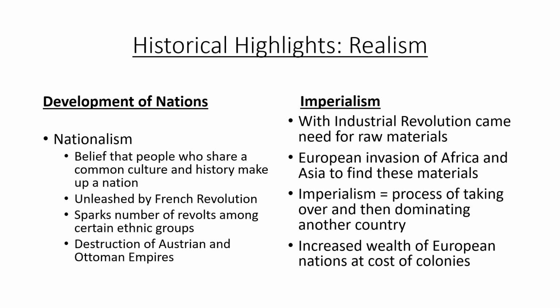So this leads to European nations, primarily Britain and France, and they are going to go into places like Africa and Asia to find these materials. But rather than trading for them, they are going to instill instead imperialism. And imperialism we define as this process of taking over and dominating another country.